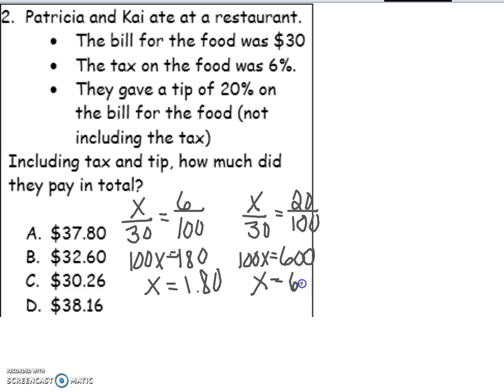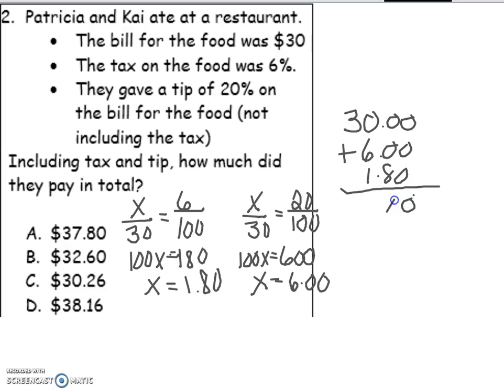We get $6. All right, to add it all up, we're going to say 30 plus 6 plus $1.80, which is going to get me $37.80.